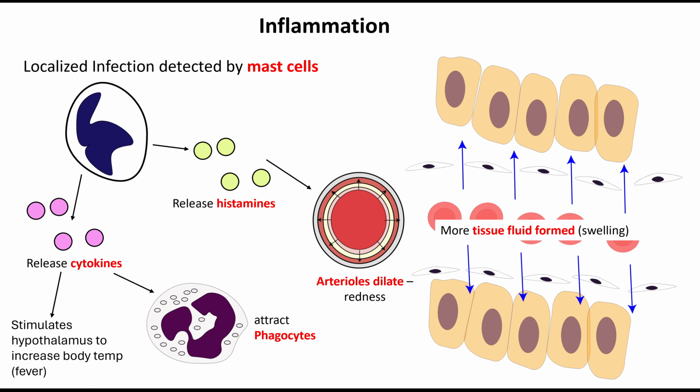The other thing that happens is it also stimulates the hypothalamus. The hypothalamus increases the thermostat inside the body system and therefore starts to increase the body temperature, creating a fever. Now, the reason you want to increase the body temperature is because that's going to slow that pathogen down from being able to replicate and therefore allow the body time to fight the infection before the infection takes over to the point of damaging your tissues.